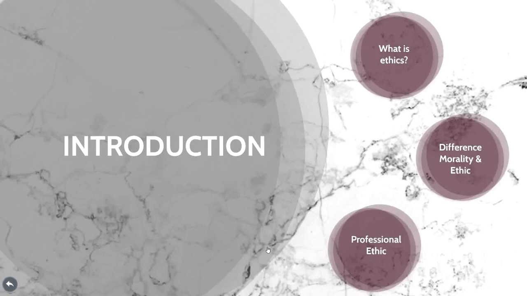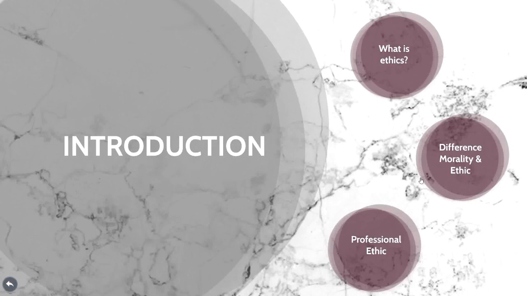Firstly, we are going to go through the most important part, which is the introduction. As you can see here, in the introduction, there are 3 subtopics that will be explained by us. Firstly, to give you a better idea about this topic, we are going to explain what ethics is. Through this, the definition of ethics and what an ethical person is can be gained. Secondly, knowledge of the difference between morality and ethics is gained.